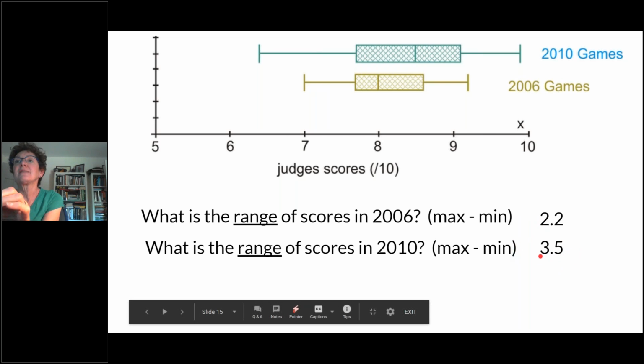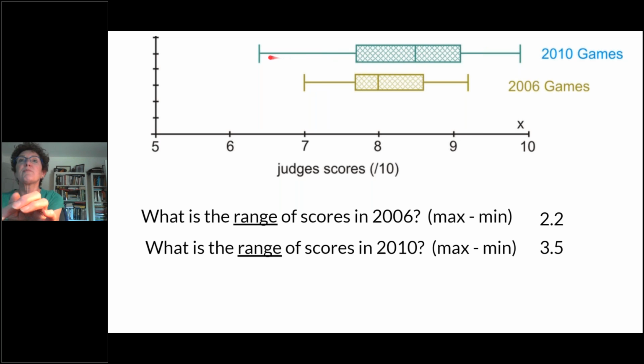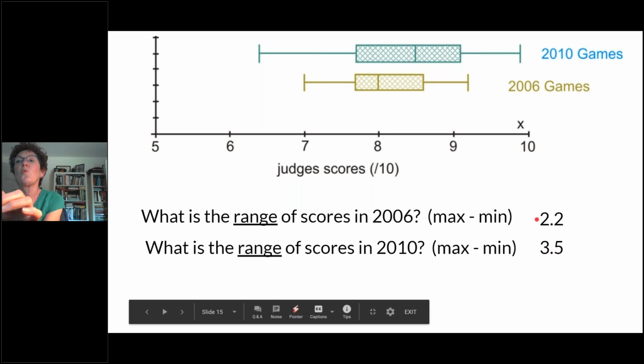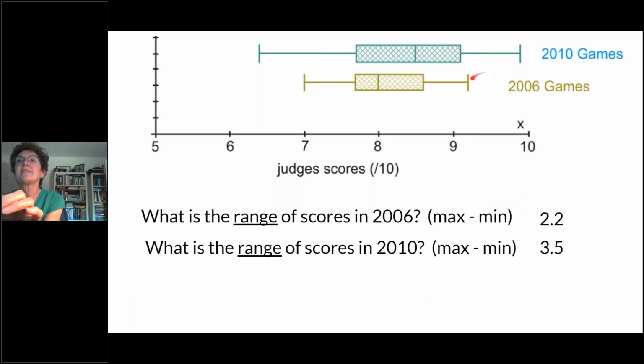And that makes sense because we see that these 2010 scores are more spread out than the 2006 scores. So another question that you might be asked is, which set of data has a greater range?